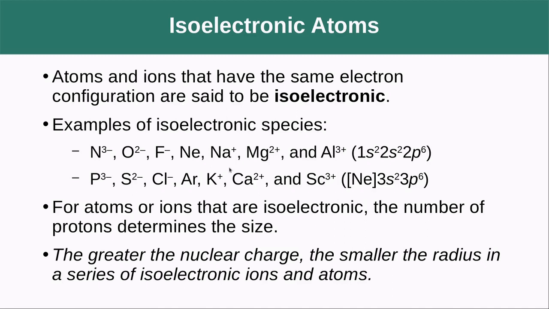As far as the radius goes, the greater the nuclear charge, the smaller the radius in a series of isoelectronic ions and atoms. When they are all isoelectronic, the only thing that determines their radii is the nucleus, how many protons they have pulling those electrons closer and closer. So here aluminum would be the smallest, with the largest being nitrogen 3-.